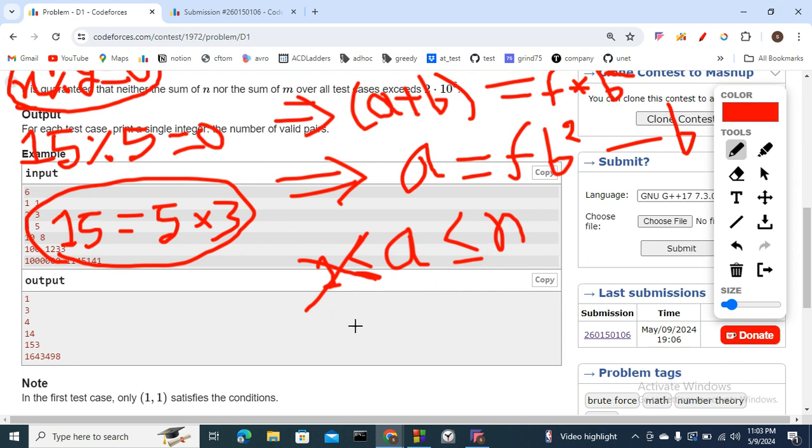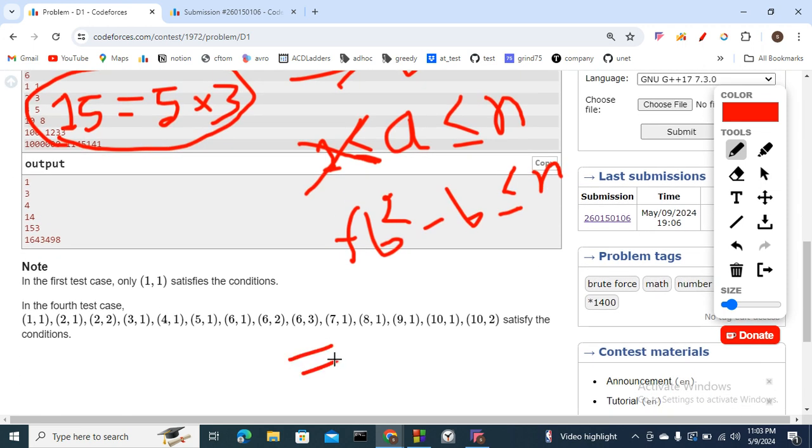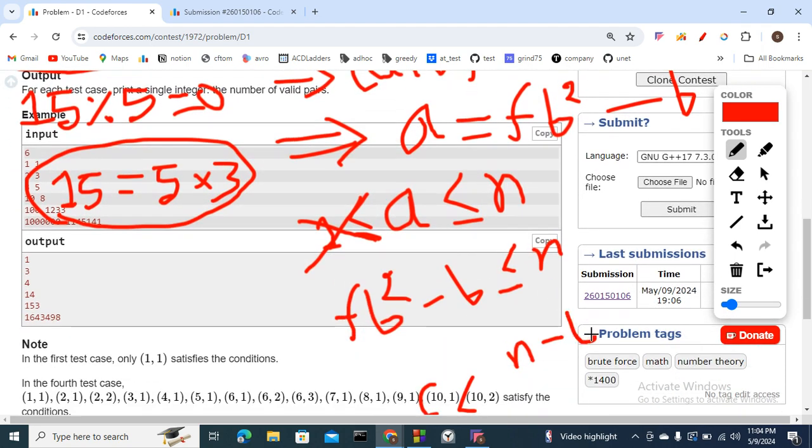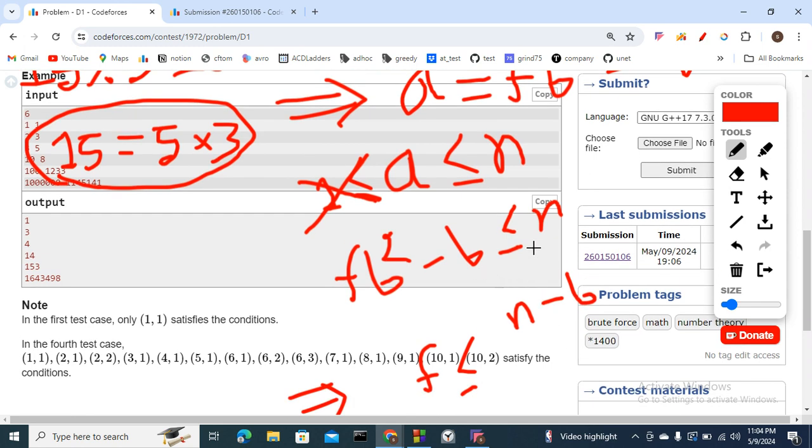So if f times b square minus b is less than or equal to n, what we find is that f is less than or equal to (n plus b) divided by b square.